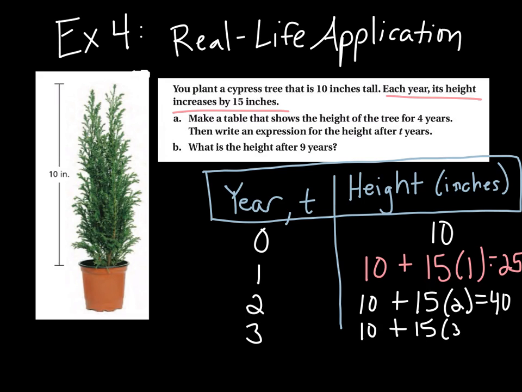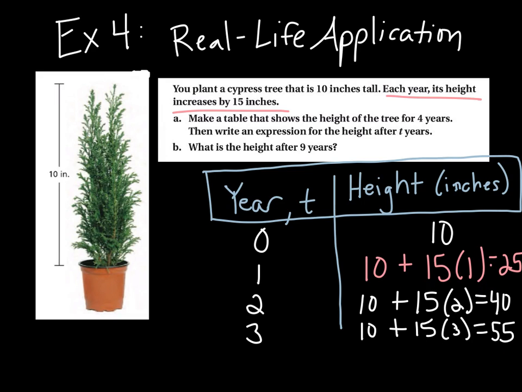If it grows for 3 years, 15 times 3 is 45, plus 10 equals 55 inches. So you can see some patterns here. Each time the height is going up, it starts with the 10 inches and then it goes 15 more inches, but you multiply that by the number of years you're talking about it growing, and then you basically solve your expression for your final height.